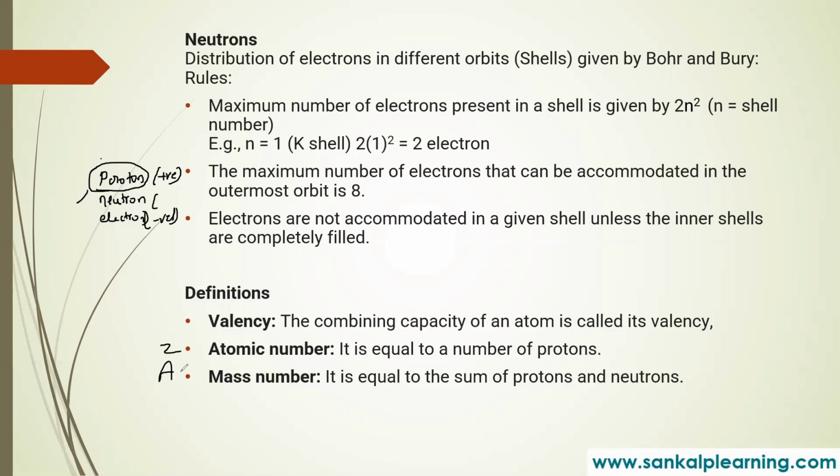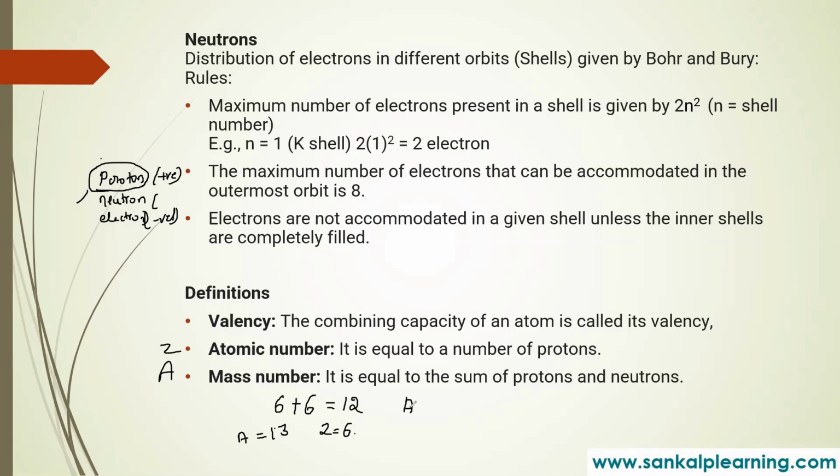One more point I want to tell you here. If the number of protons is 6 and the number of neutrons is 6, then the mass number is 12. Suppose they have given you the mass number as 13 and the atomic number as 6. Then what will be the number of neutrons, students?